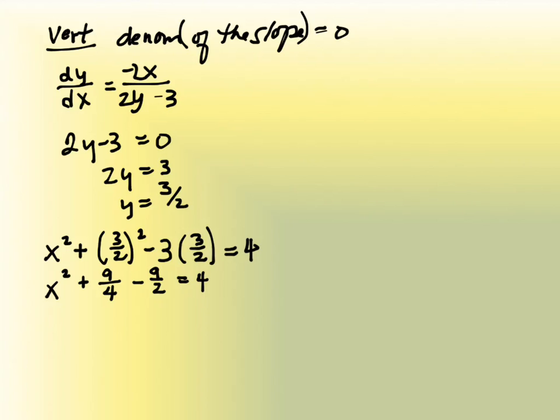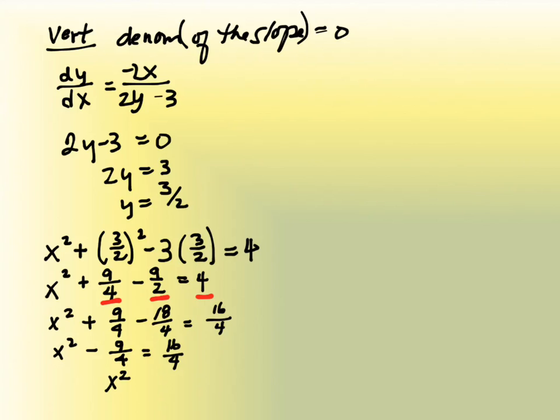I'm going to have to combine all of the constants at some point, right? So I might as well go ahead and write them as a common denominator. So 9 over 2 can be written how? Yep, 18 over 4. And how can 4 be written? 16 over 4. All right, so on the left-hand side, 9 over 4 minus 18 over 4 gives me, yep, negative 9 over 4. And I'll add that to the other side, right?